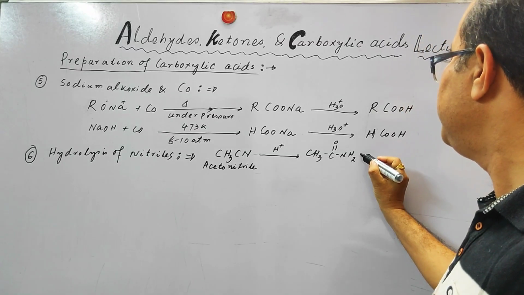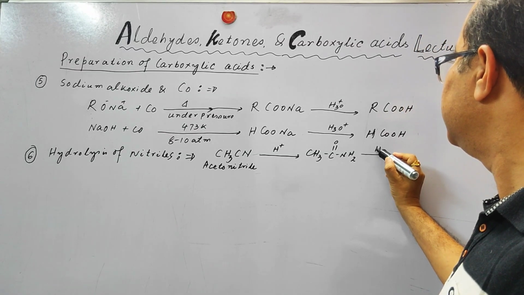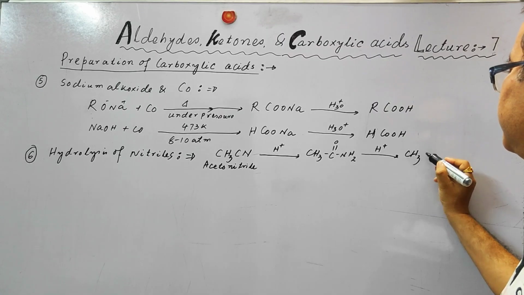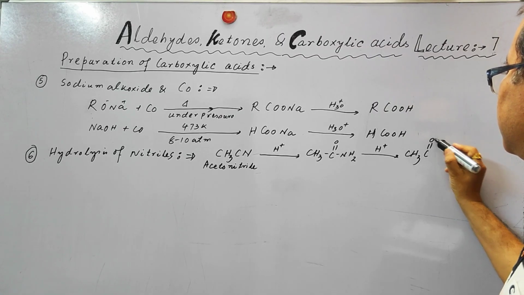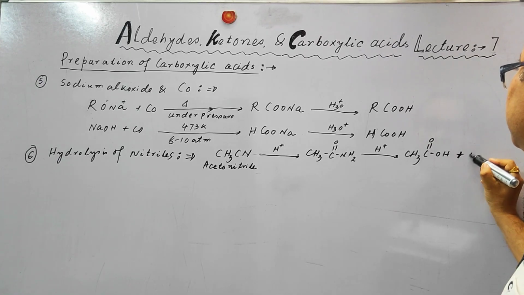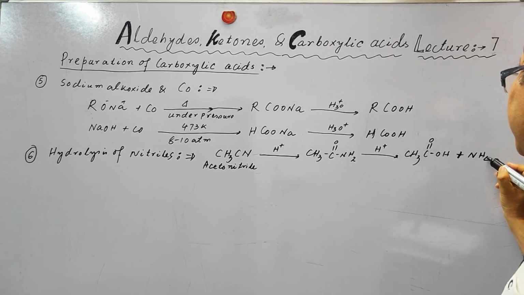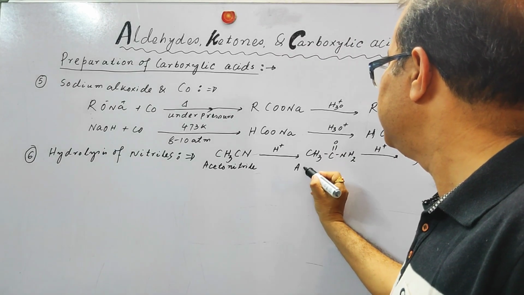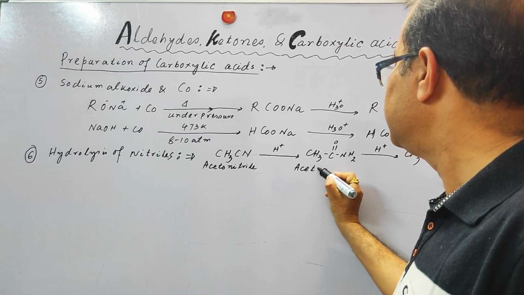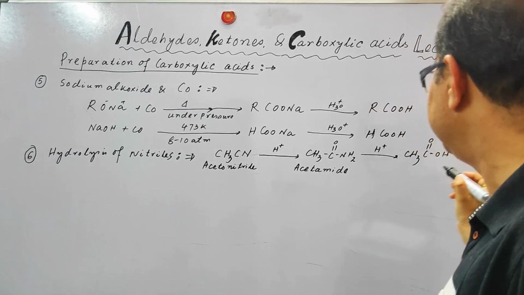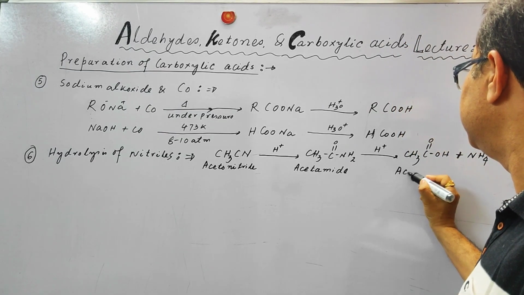When we further hydrolyze it in presence of acid, it is going to create acetic acid, and also the ammonium ion. So this is acetamide, and this is acetic acid.